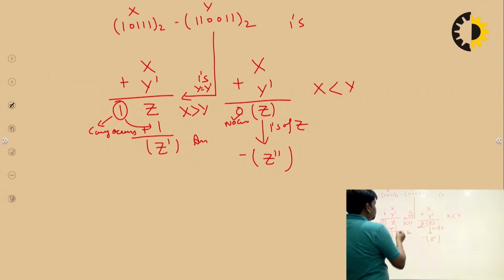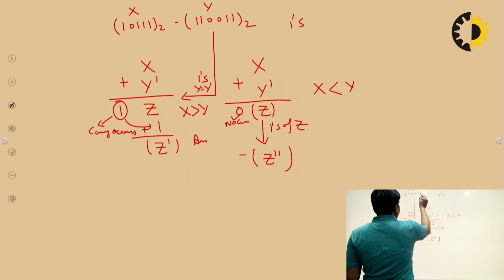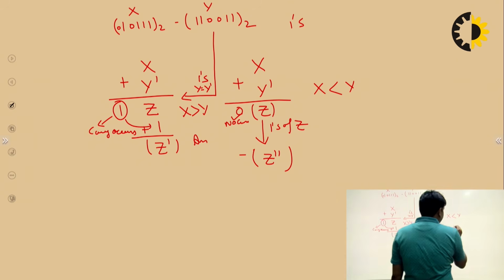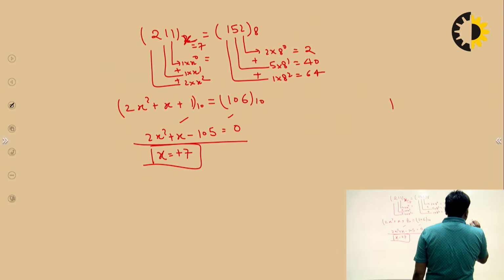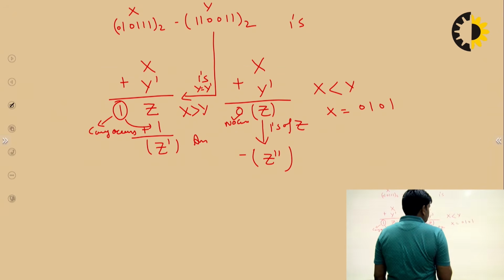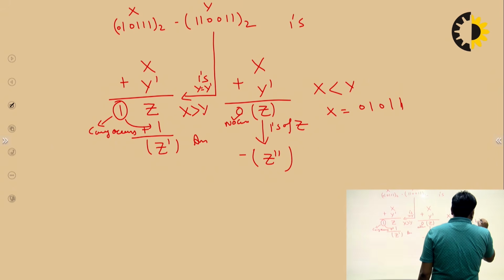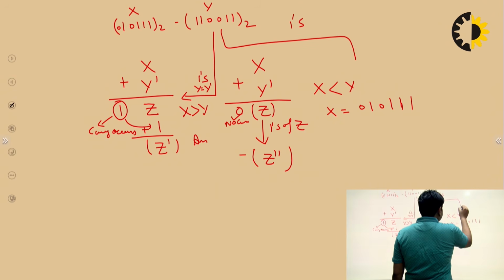So when we proceed, 1, 2, 3, 4, 5, and in this x and y are not the same length, so we added a 0 here. So what is the value of x? x is 0, 1, 0, 1, 0, 1, 0, 1, 1, 1. And what is y? So y using the 1s complement method.